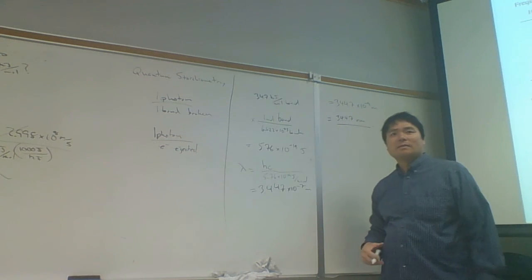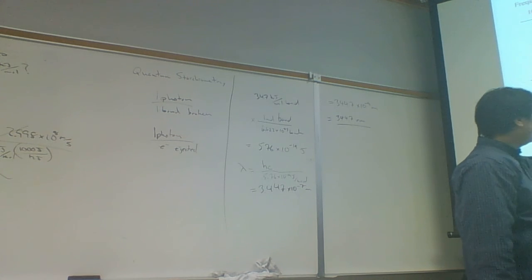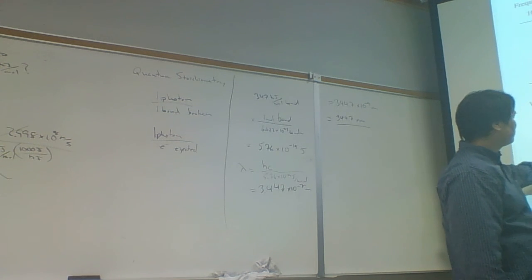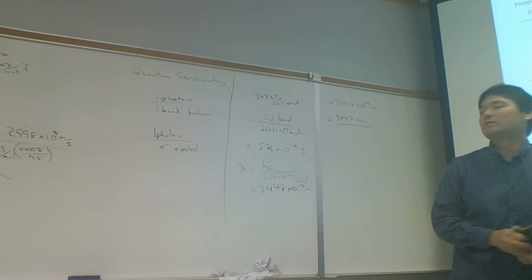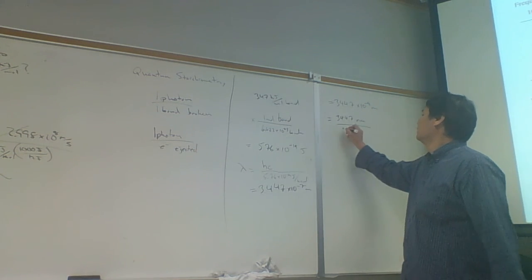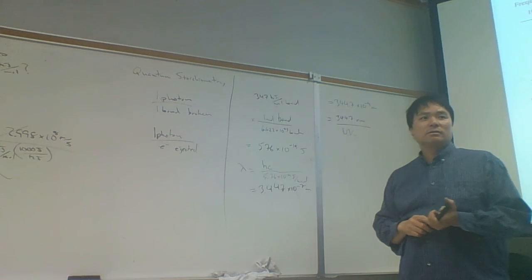What kind of light is that? Well, violet goes to 390, and so this is past violet. It's got to be in the ultraviolet. This is UV. And so ultraviolet is enough to break bonds.